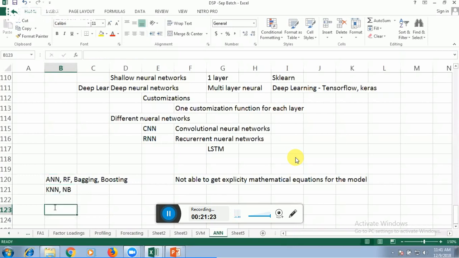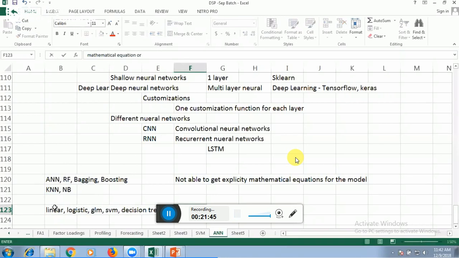Whereas with linear, logistic, or GLM models, and SVM and decision trees, either you can get a mathematical equation or rules from the model to implement the solution.